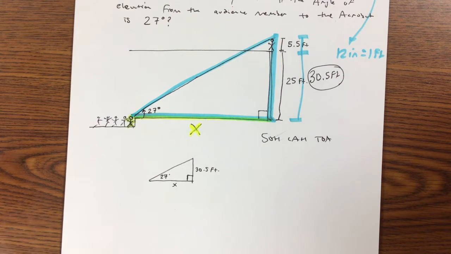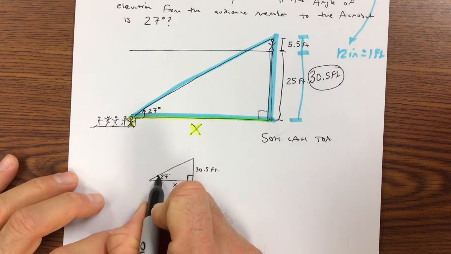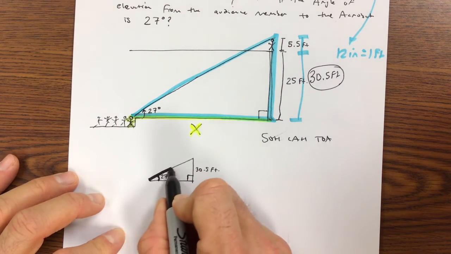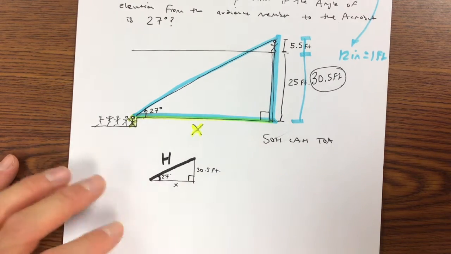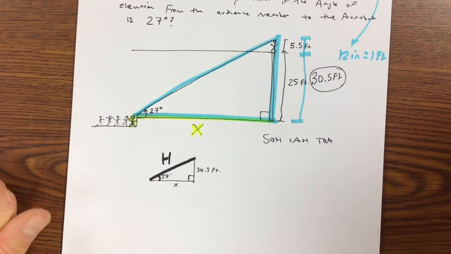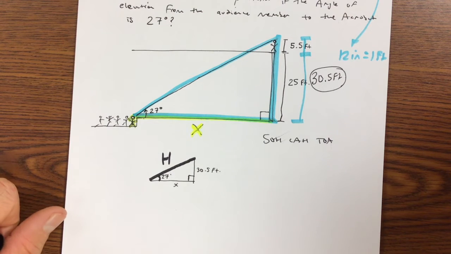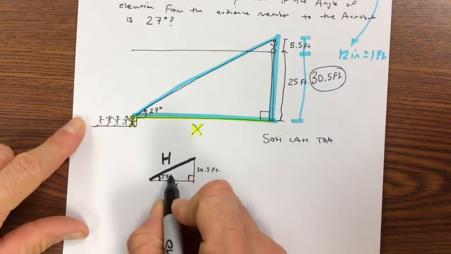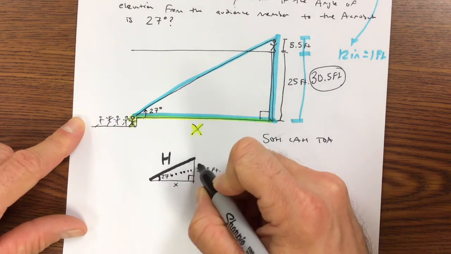Just solve for X. The question is, is it sine, cosine, or tangent? Hopefully you remember this from this past week. Here's your angle. Hypotenuse, I always start with the hypotenuse first. There's your H. All right, opposite, adjacent. What do I do first? Go opposite of your angle, that's the easiest one.